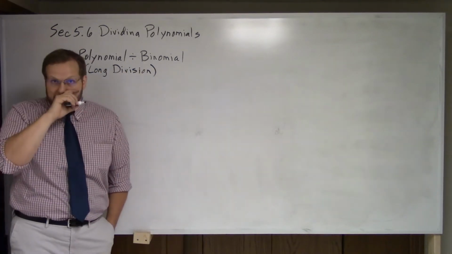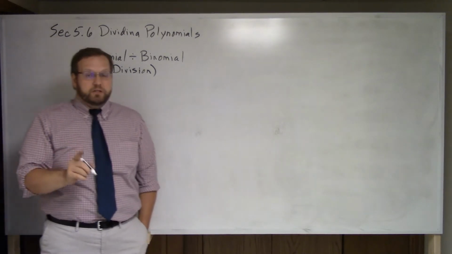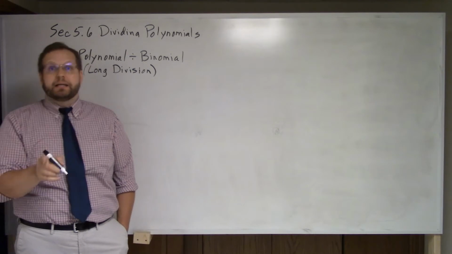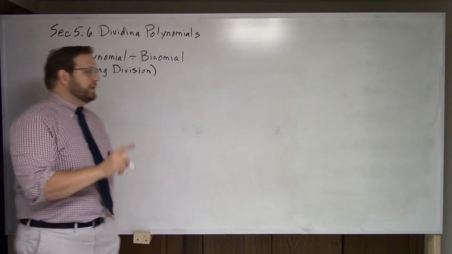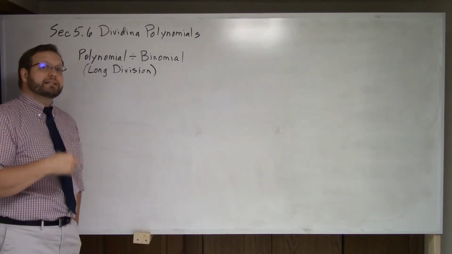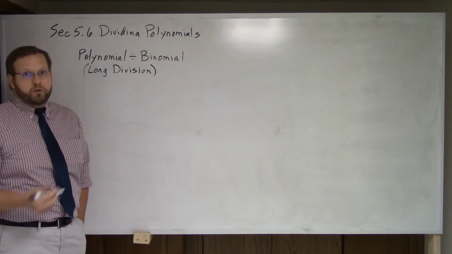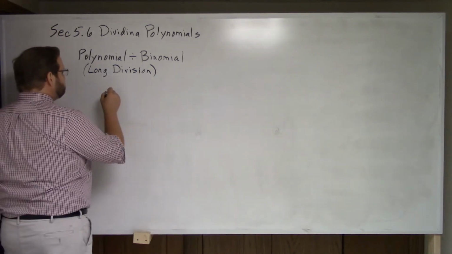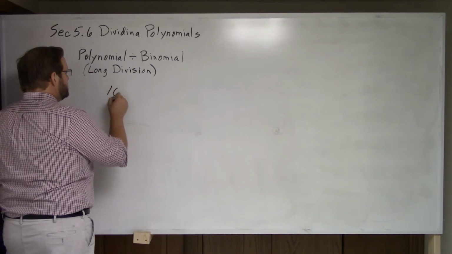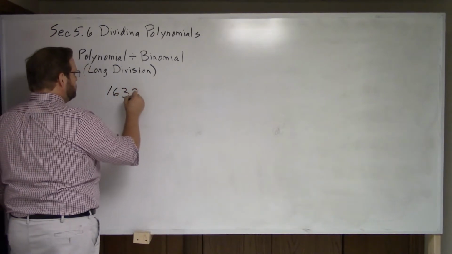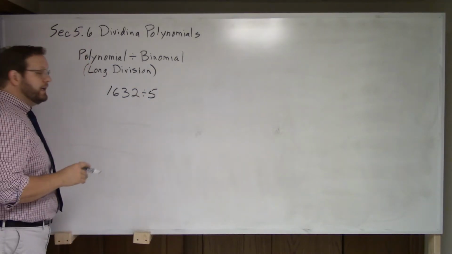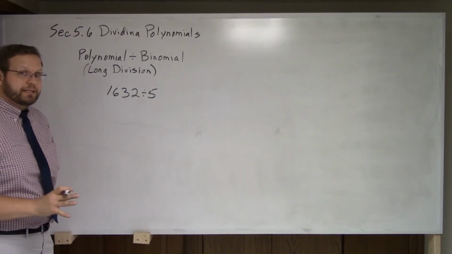Okay, now this is the exact same long division we learned back in 3rd grade. However, you may not have been doing it since 3rd grade. So let's remind ourselves of the process of long division, and then we're going to apply it to polynomials. So let's say we have 1,632 divided by 5. Okay, again, just pay attention to the process right now.